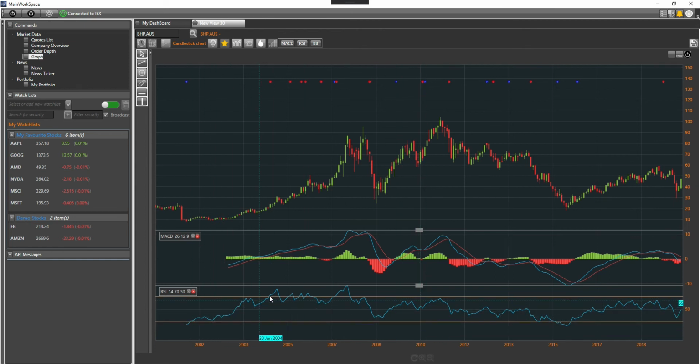If the RSI goes above, usually it's set to 70, it's considered overbought. And then if it comes below the 30, it's considered oversold, and you would see that here, and overbought being over here and over here.